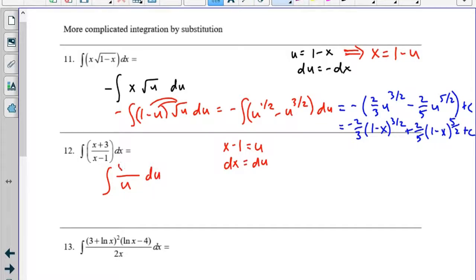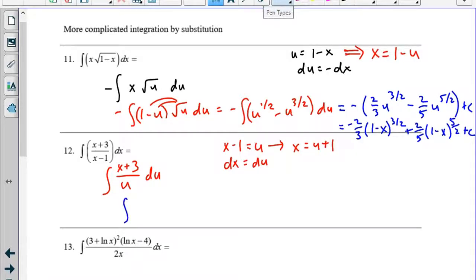Now I still have this x plus 3 in the numerator, and I'm not allowed to deal with this. However, if I notice that u equals x minus 1 means that x equals u plus 1, I can replace the x in the numerator with u plus 1.